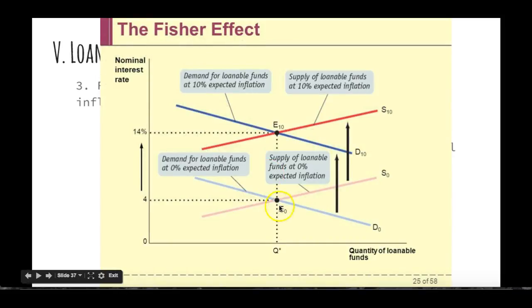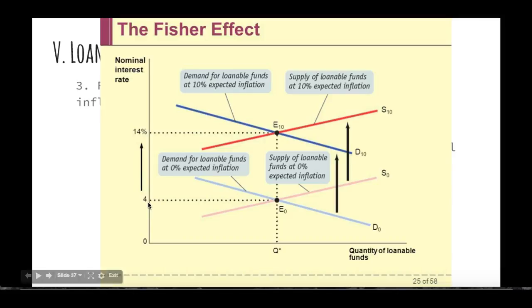I just used a graph from the book. Here's the supply and demand for loanable funds at a 0% expected inflation rate. Maybe that's at a 4% interest rate, so they're going to charge 4% for loans.